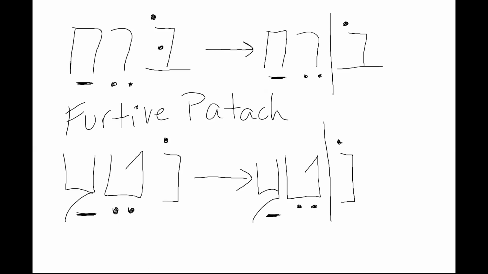Furtive patach, right? Okay, so you have learned that Hebrew vowels are pronounced after the consonant with which they are associated, right? So the bet with a patach under it is rendered as ba and not ab. There is, however, one minor exception to this rule.